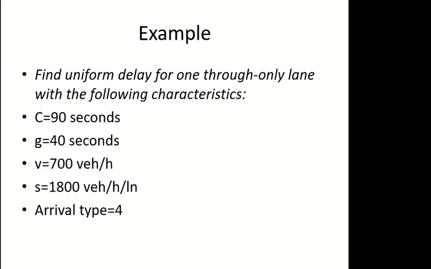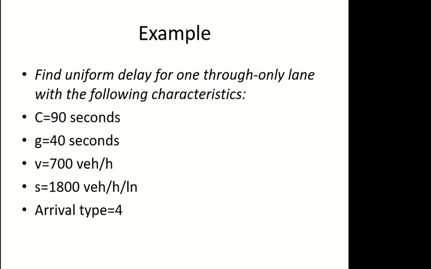Okay, so we have a very small question: uniform delay for one through-only lane. One lane means one lane group only. So we have to find out the uniform delay for that lane. We have cycle length, effective green, flow given, saturation flow rate given.